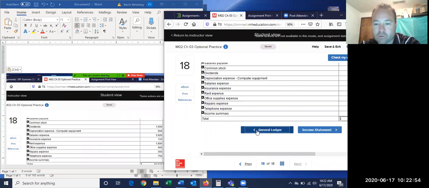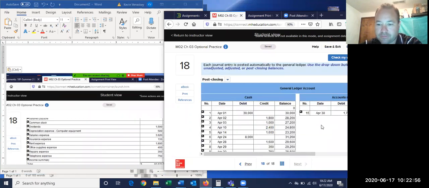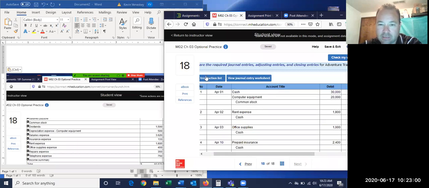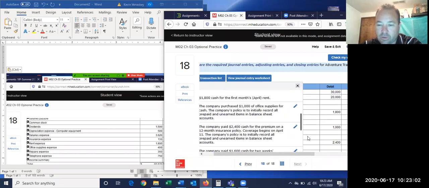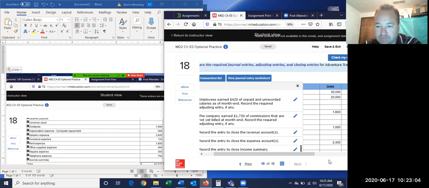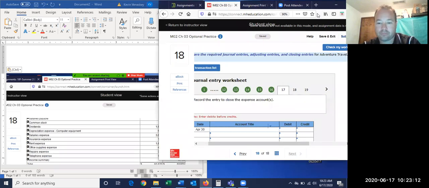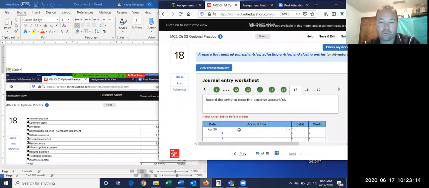All right, now let's go back to our journal entries. Transaction list, and we are ready for the expenses. April 30th. All right, it didn't save the income summary, that's fine. So we've got all of these debits in the expenses.